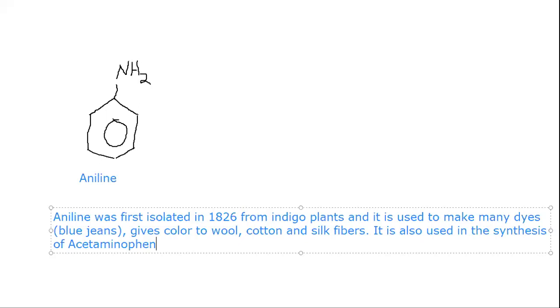It's an anti-inflammatory drug. So these are the applications of aniline. Aniline was isolated in 1826 from indigo plants, and it is used to make many dyes like blue jeans. So benzene ring attached to NH2 is called aniline.